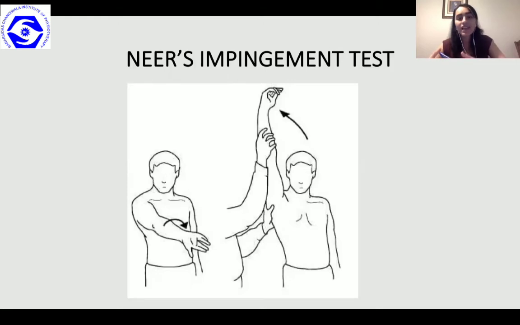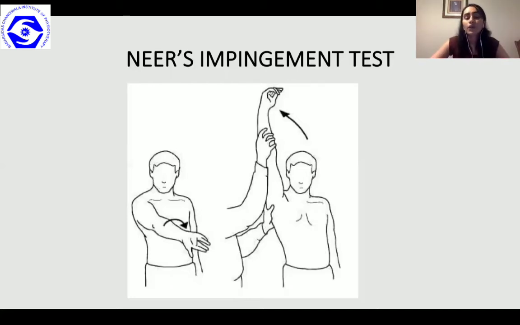So it depends: if there is a supraspinatus tendon strain, then we will do the empty can test, and always make sure that to rule out, you perform the tests for shoulder impingement. So we will perform the Neer's impingement test.